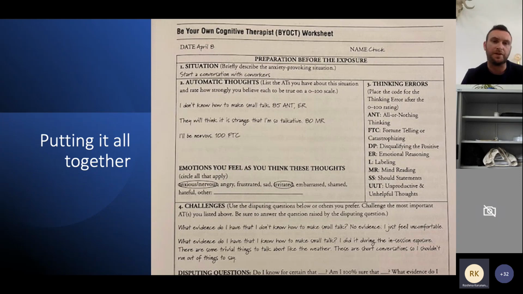The next part is how the person felt. So the person wrote down there, I felt anxious and I felt a bit irritated, I think it was. Okay, that's fine. So the person is being aware of the thoughts, the errors and the feelings. The next part is a challenging part. What evidence do I have that I don't know how to make small talk? And the person says, well, I have no evidence. I just feel uncomfortable. What evidence do I have that I know how to make small talk?